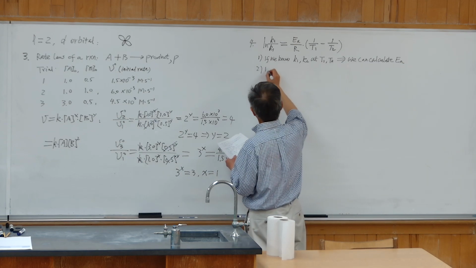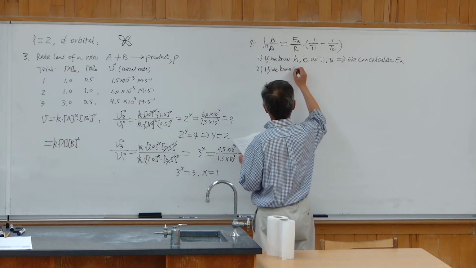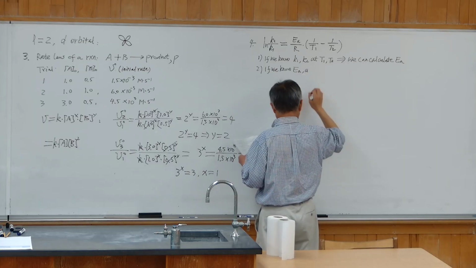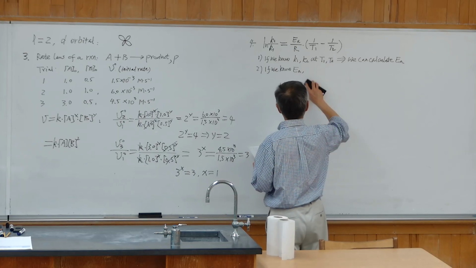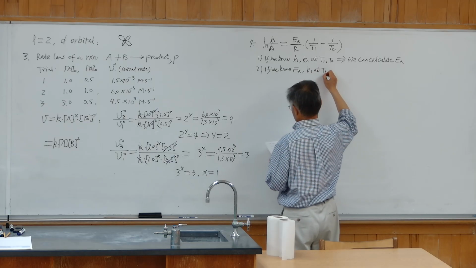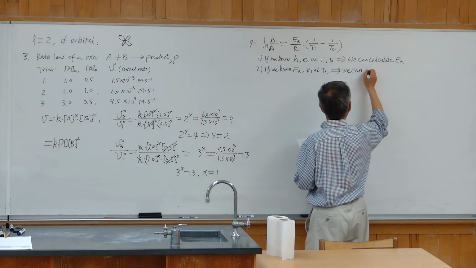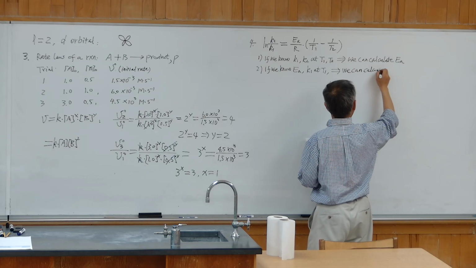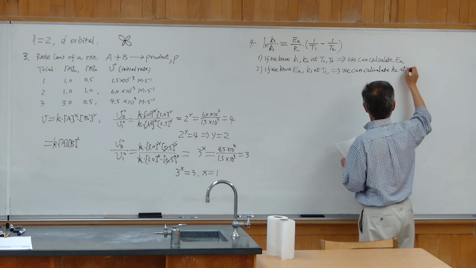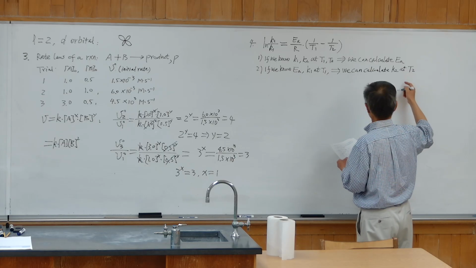Or if we know Ea and K1 and T1, then we can calculate K2 at T2. Of course, K2 at T2 means T2 is a known value.